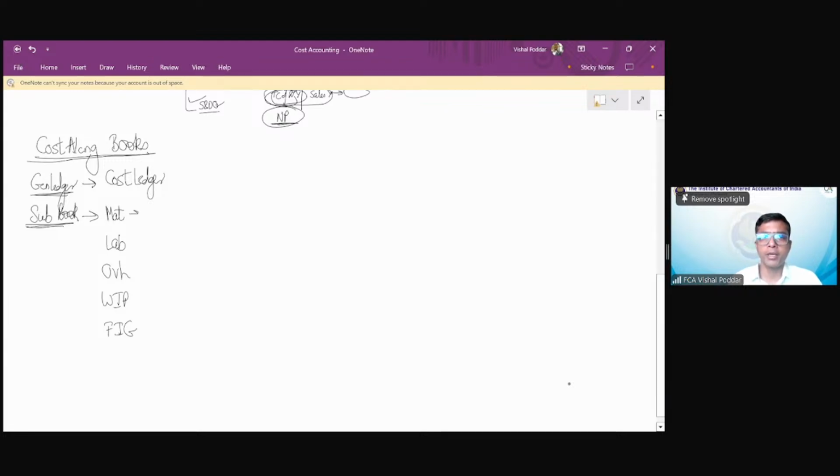Now, for material, this is called your stores ledger. This is your labor register. This is your overheads register. This is your WIP register. This is your finished goods register.